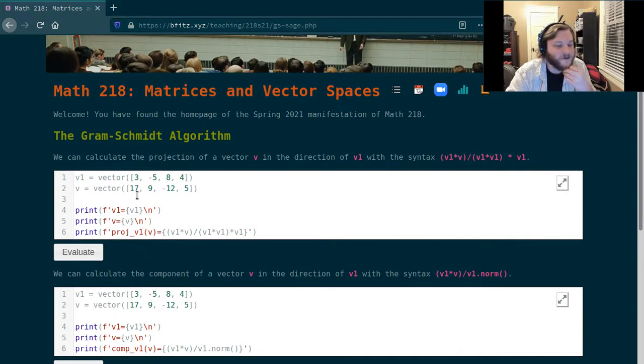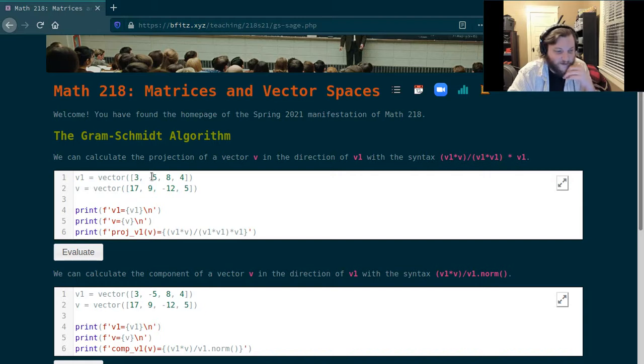So I want to run through a few pieces of code that I've written that I hope will help. In the first box here, this will calculate the projection of any vector v in the direction of another vector v1. This is the projection formula in one dimension, and we called this proj sub v1 of v in the lecture for Gram-Schmidt. So all we have to do is input the vector v1 here, and then we input the vector v.